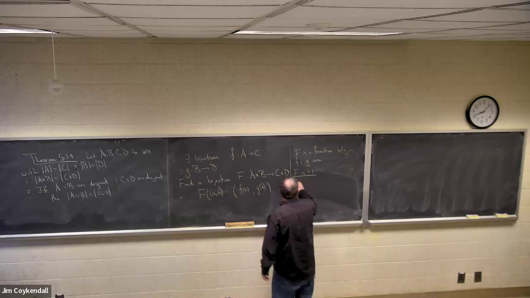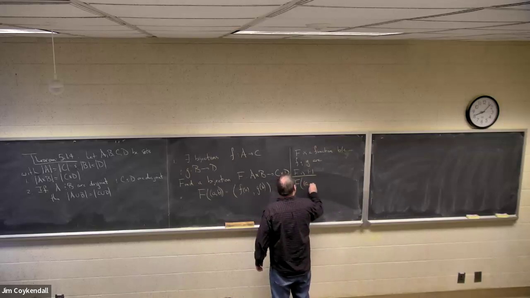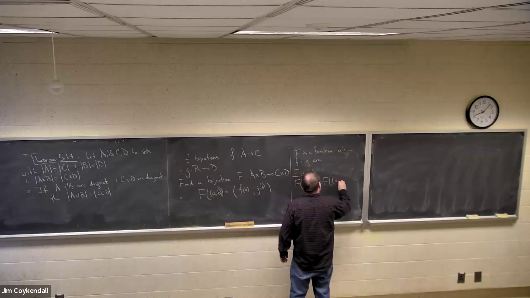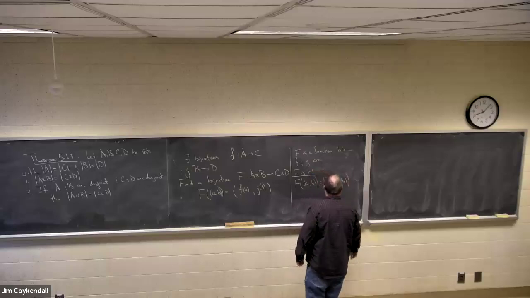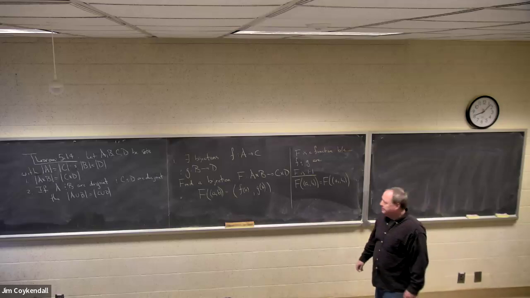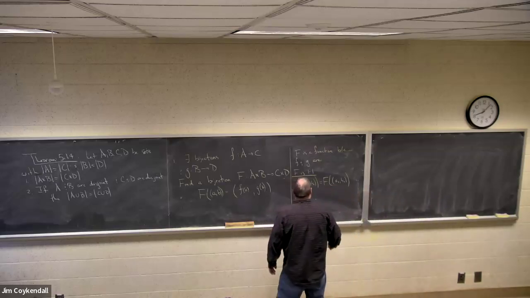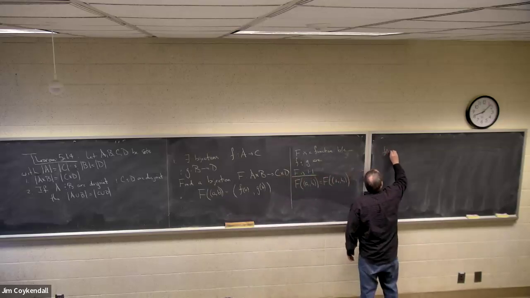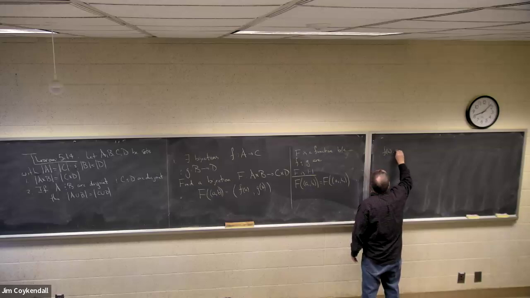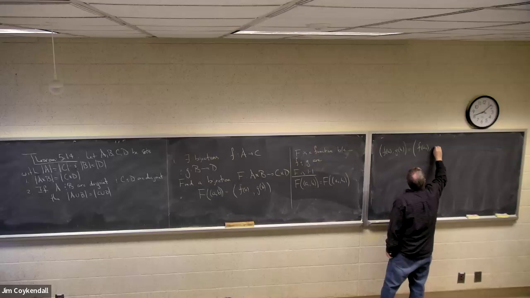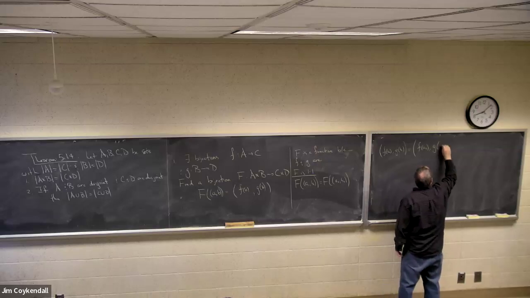So suppose that F of (a1, b1) is equal to F of (a2, b2). What does this mean? This means that the ordered pair (f(a1), g(b1)) is (f(a2), g(b2)).